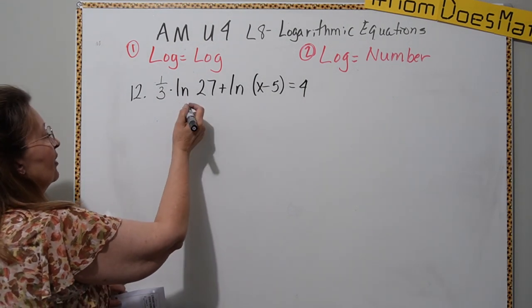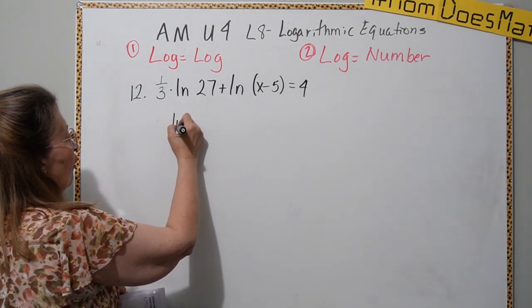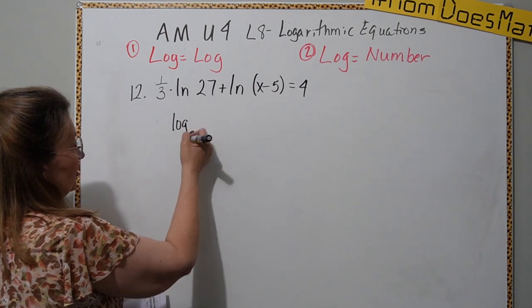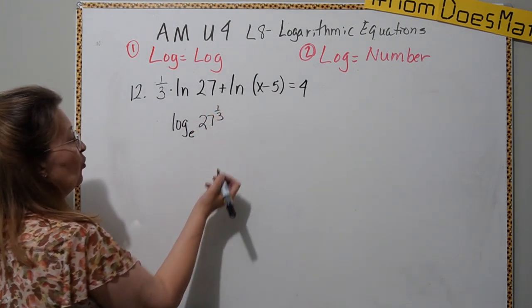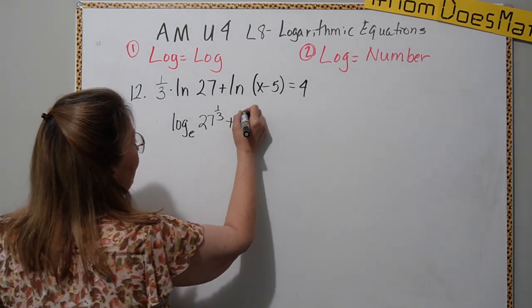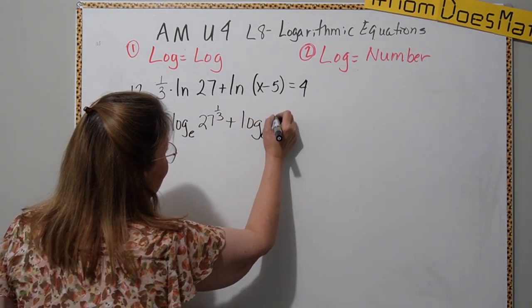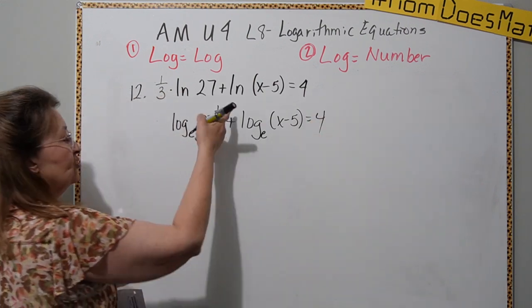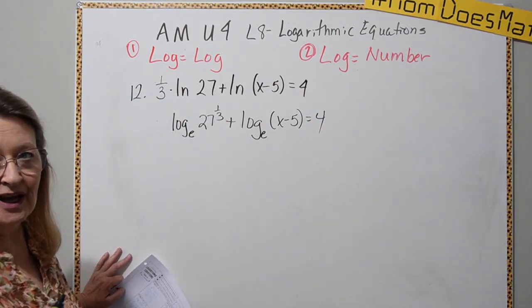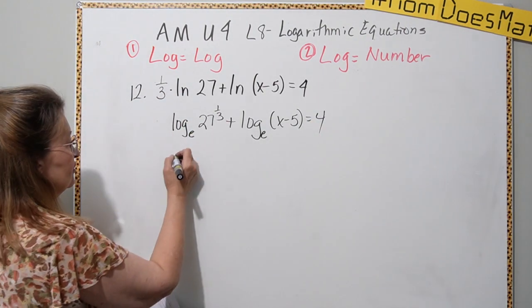All right, remember a natural log is log base e. So I'm going to go ahead and change that to base e. This is going to be 27 to the 1/3 power. Now over here I've got log base e of x minus 5 equals 4. 27 to the 1/3 power is actually the cube root of 27, which is 3.